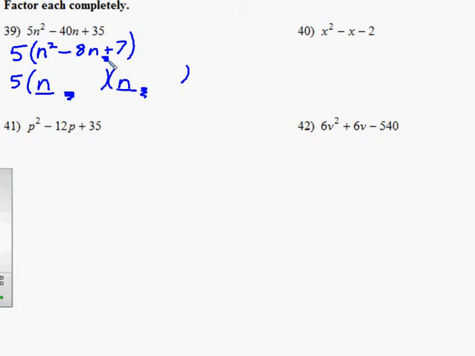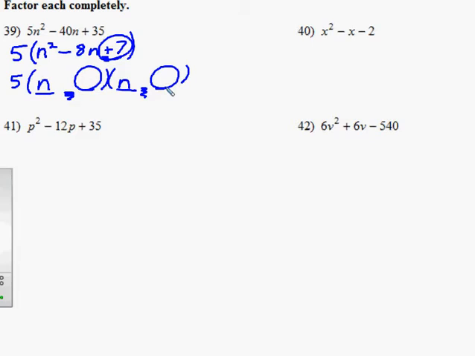So it's positive, and we think, how can we get a positive number at the end? To get this last number here, we have to multiply these 2 values. And in order to get a positive 7, we can either multiply a positive times a positive, or we can multiply a negative times a negative.